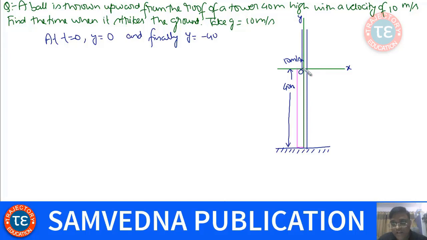So if you are measuring the y, if the position of particle is above x-axis, then y coordinate will be positive, and if the position of the particle is below x-axis, then y coordinate will be negative. So origin is y equal to 0, right? So at t equal to 0, y is 0, and finally particle is here, so y is minus 40.